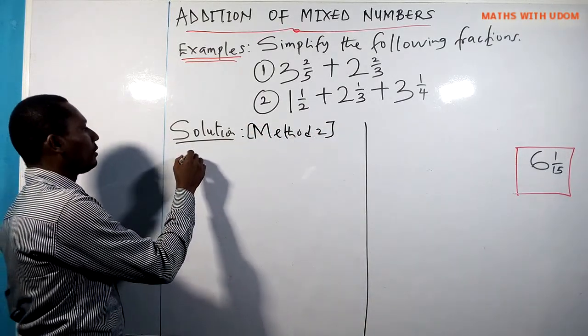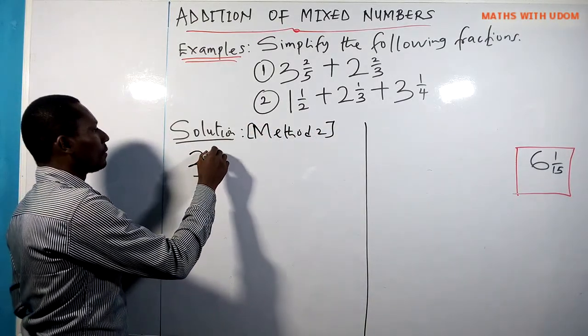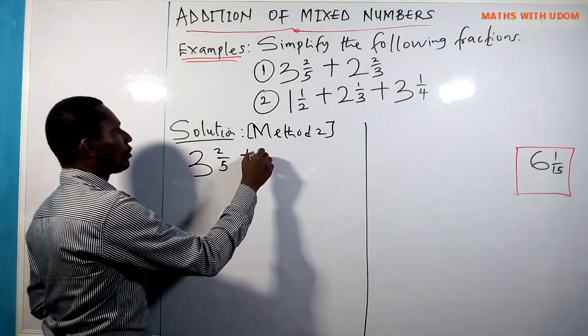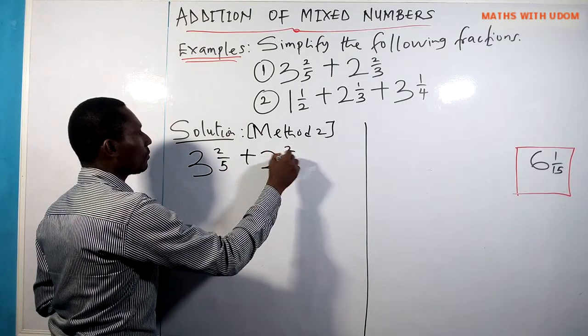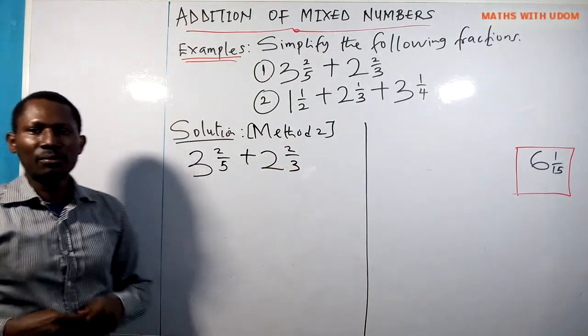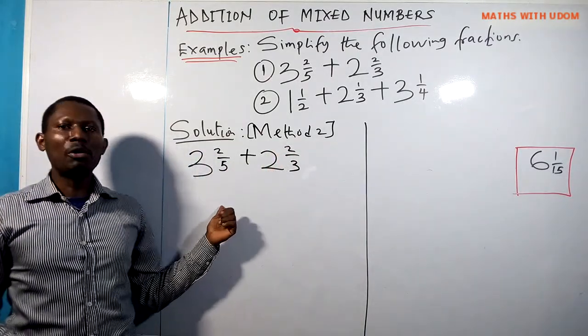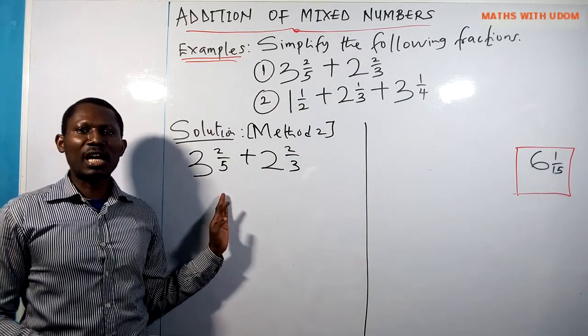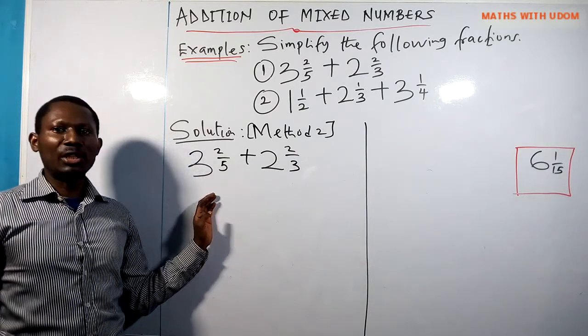We still have 3 whole number, 2 over 5, plus 2 whole number, 2 over 3. So we have this. So all we need to do is to separate the whole part from the fractional part.